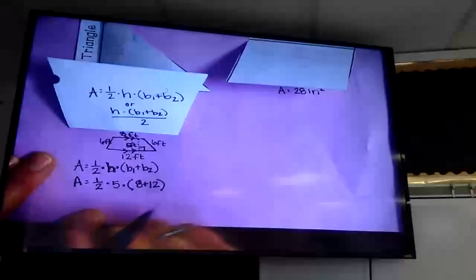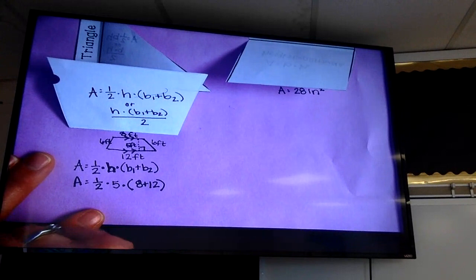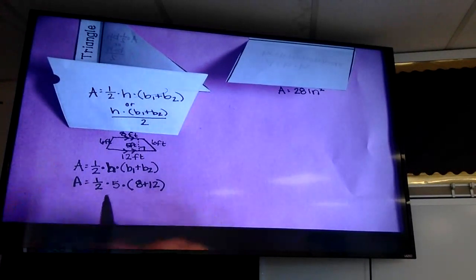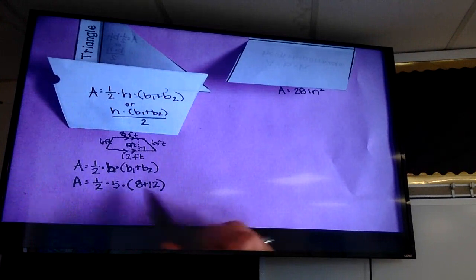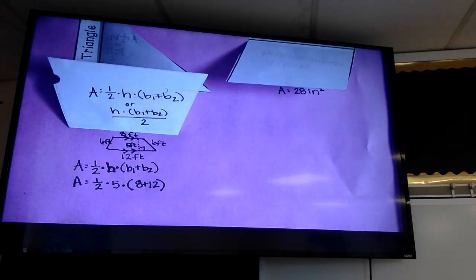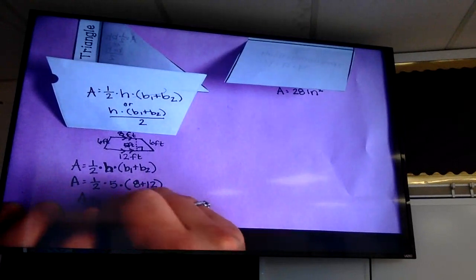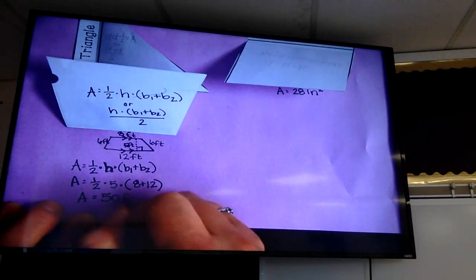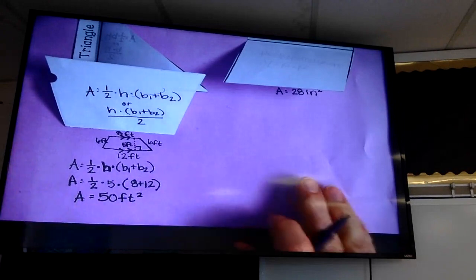The 6 and the 6 actually don't matter here unless I was asking you to find the perimeter of the trapezoid. So in my calculator, remember, order of operations first. So I'm going to say 8 plus 12 is 20 times 5 times 1/2. And I find out the area of this particular trapezoid is 50 feet squared.